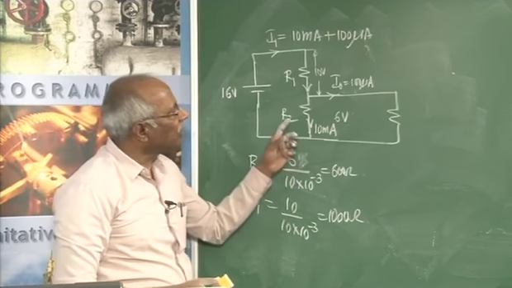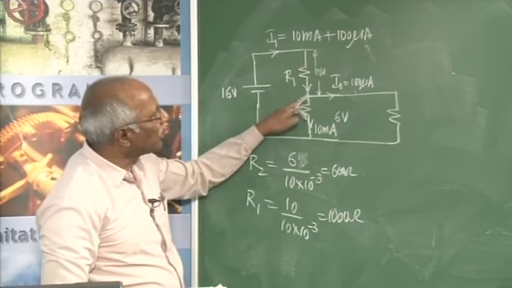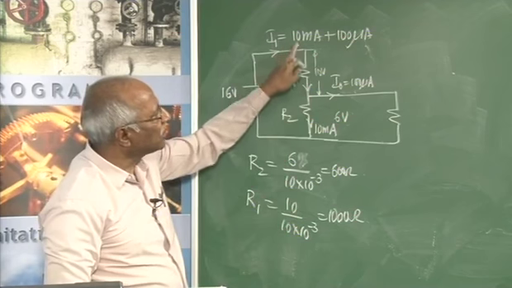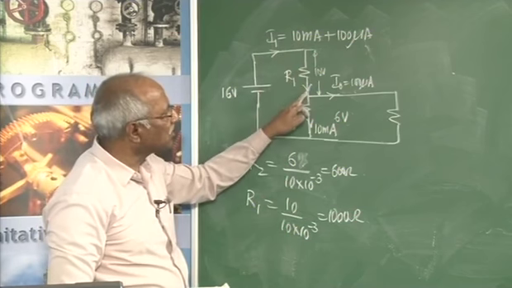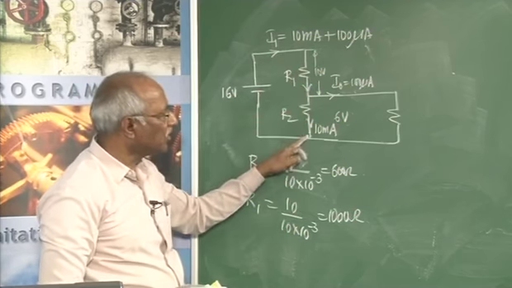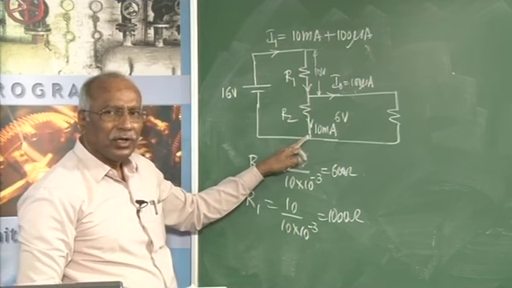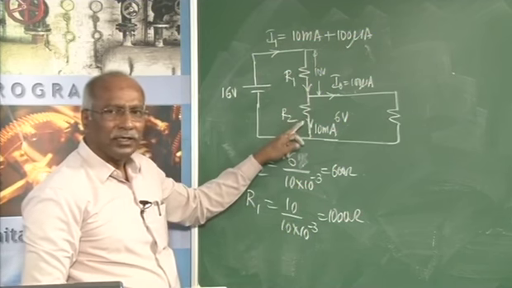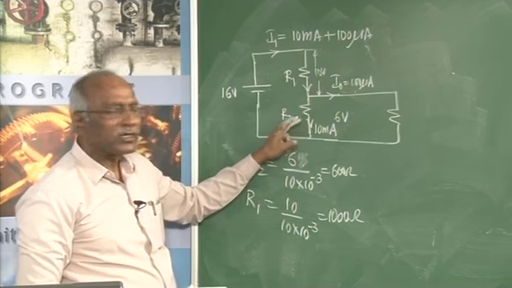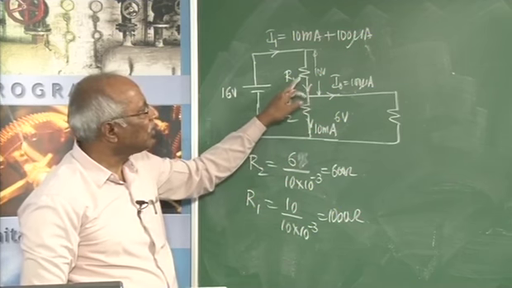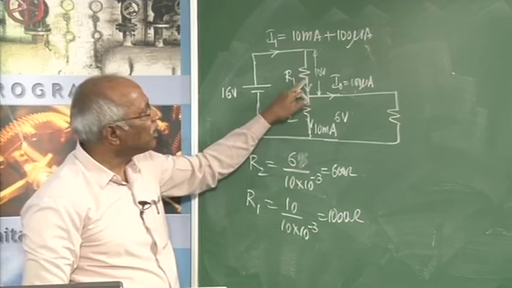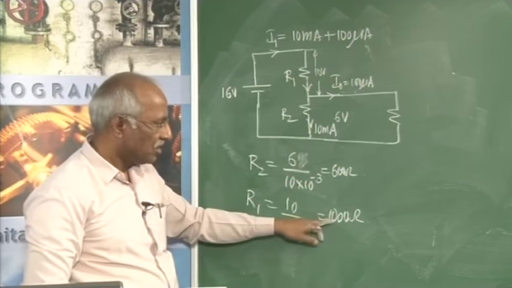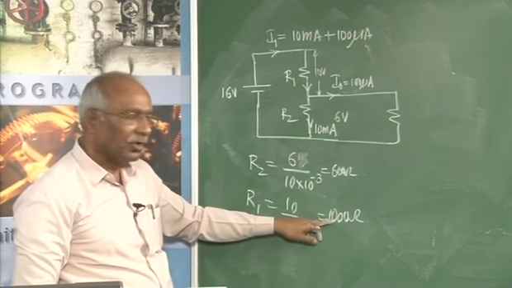So with that, what happens now? What will be the drop here now? Once the current increases, the drop across R1 also increases, therefore the voltage across the output reduces. What will be the reduction? That's the percentage error. In that respect, what will be the voltage across R1? We know it is 1000 ohms.